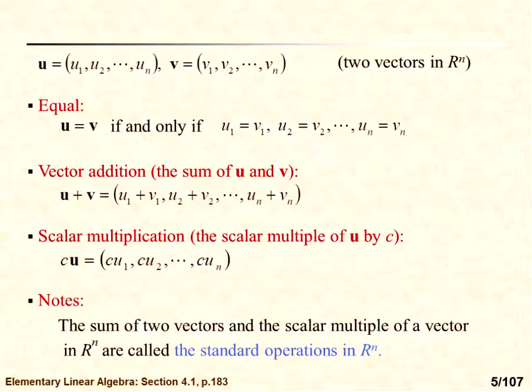Vectors can be defined in different ways. In some books we define a vector with a bold letter, like u in bold, or in some books it is defined like u with a small arrow on top. So it is a vector u, and it is a vector v.